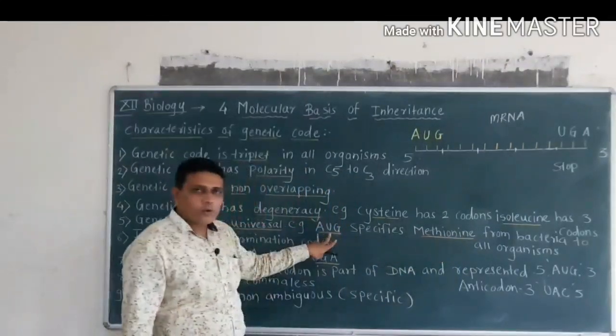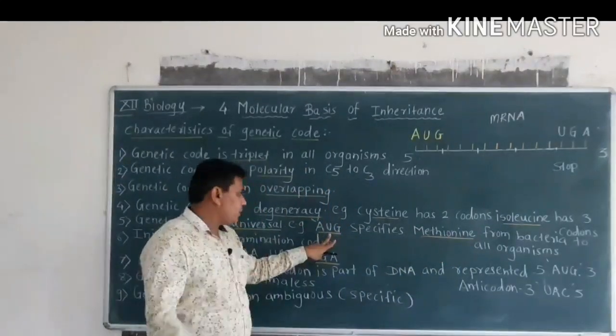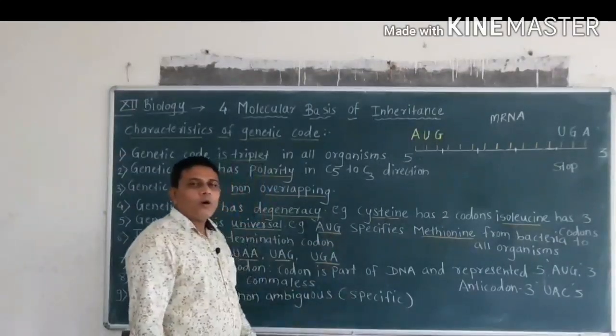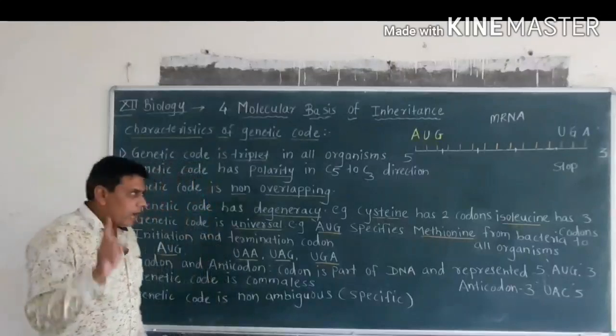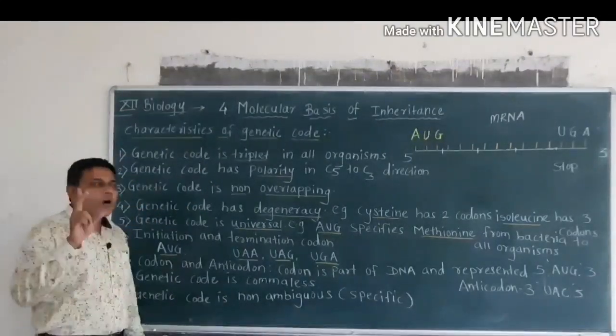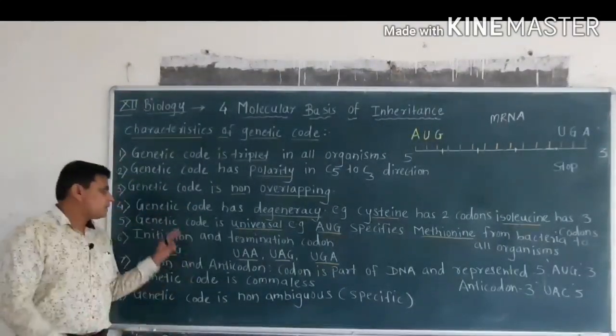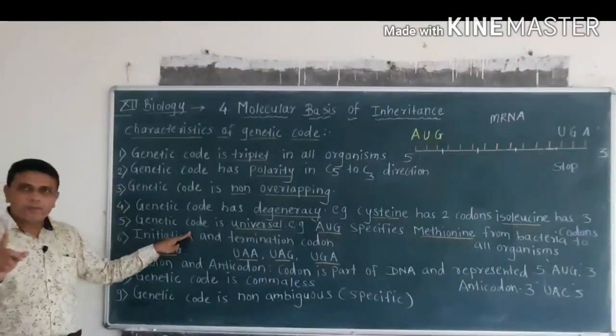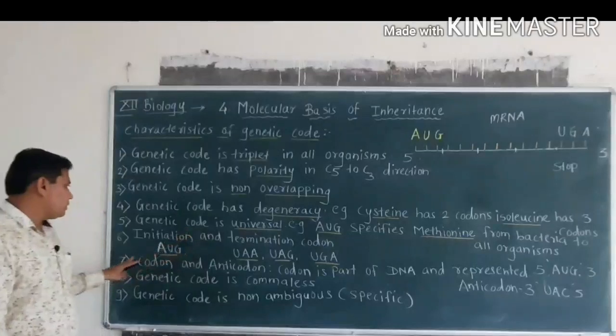So this genetic code, that is AUG, will code or specify the amino acid methionine in all living organism. Hence the genetic code is universal and is same in all living organisms.